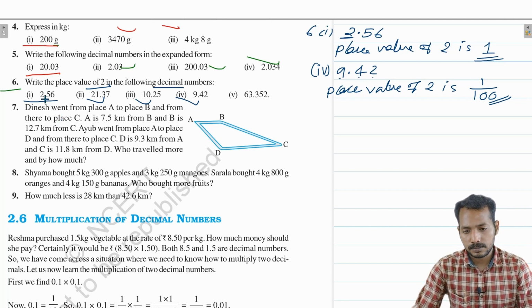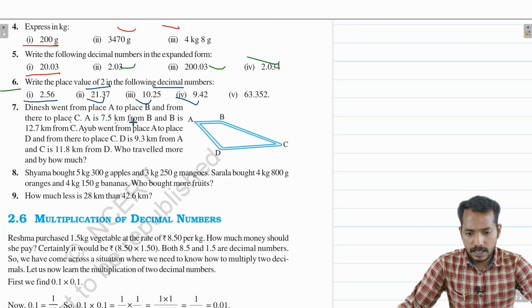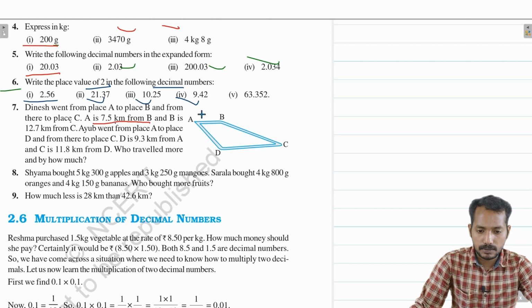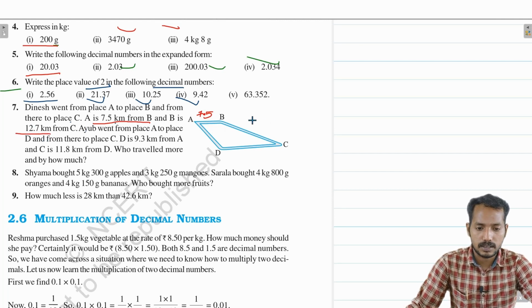Next question is question number 7. Dinesh went from a place A to place B, from there to C. A is 7.5 kilometer from B, and B is 12.7 from C. So the distance between B and C is 12.7.